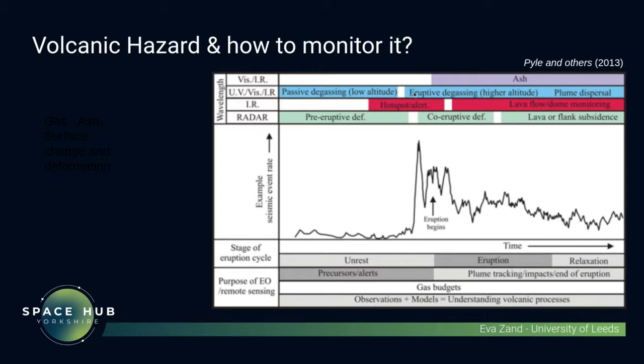And when it comes to radar satellite data, this is used to look at the deformation of the volcano, which means whether the volcano is uplifting or subsiding. So you would expect some kind of deformation signals throughout the whole time of the volcano.